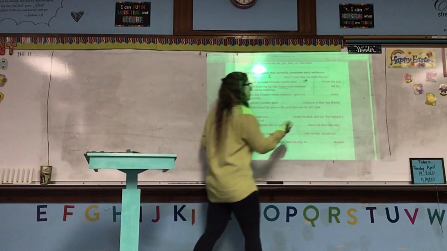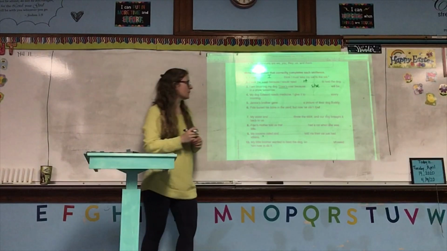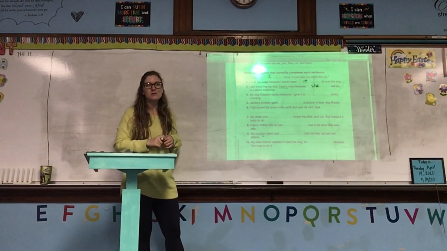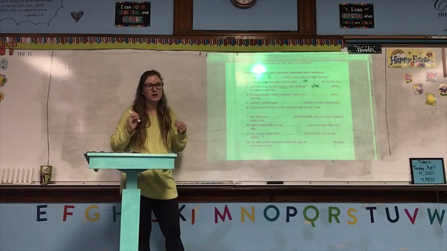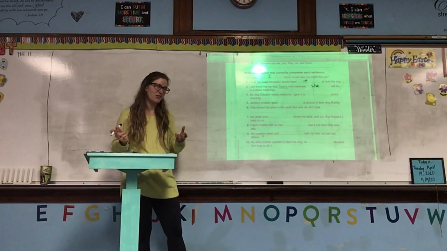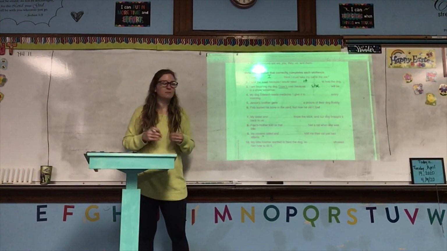So that means we would use the pronoun she. I am brushing my dog Trixie's coat because she will be in a show tomorrow. We could use it, but usually if we know that the animal is a boy or a girl, we're going to use she or he instead of it. It just sounds more proper.